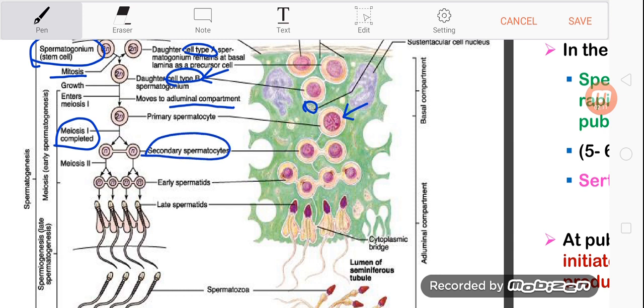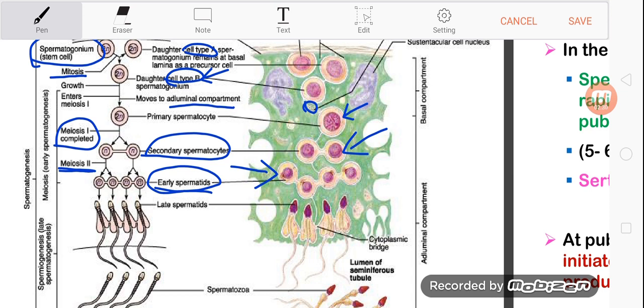So you can see from 1 becoming 2 cells. The secondary spermatocyte starts to enter meiotic division 2. Completion of meiotic division 2 produces early spermatids, 4 early spermatids.